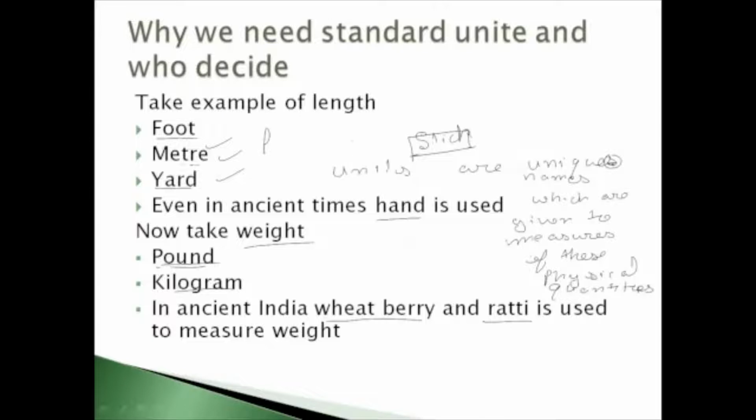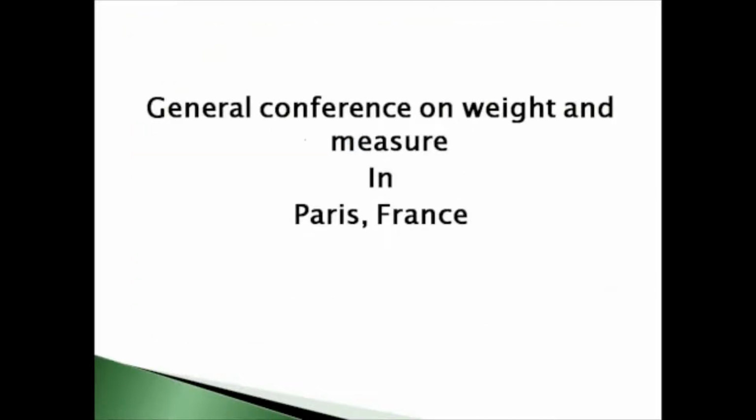So therefore, an organization was created to set a standard for units. The name of the organization is the General Conference on Weight and Measures. The headquarters of this conference is in Paris, which is situated in France.